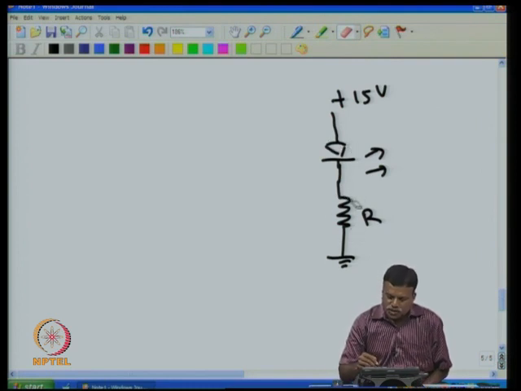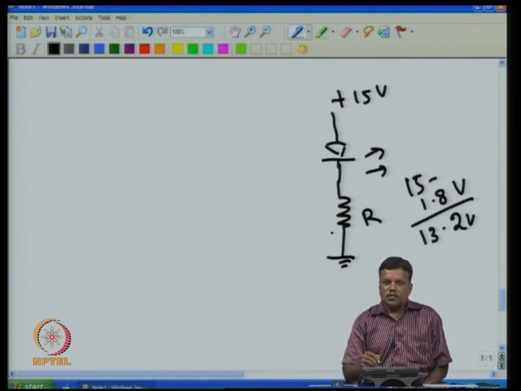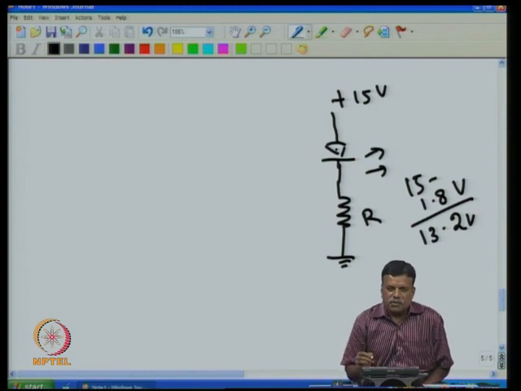That means the remaining voltage in this case is 15 minus 1.8 volt. That comes to 13.2 volt. That means 13.2 volt has to be here. But we know that this LED needs about 10 milliampere current to glow bright enough, and we should not pass too much current because then the LED also goes bad. So I take 10 milliampere as the acceptable current, which I have to get from the data sheet.